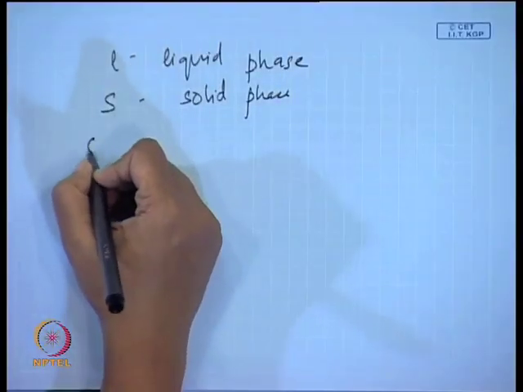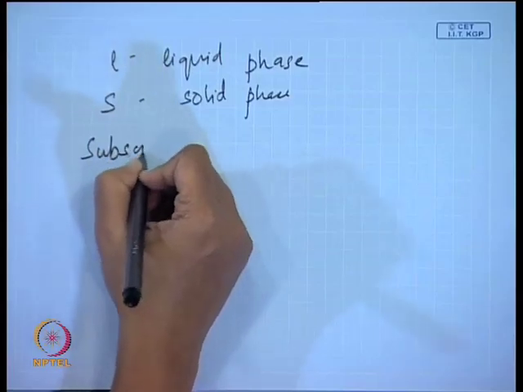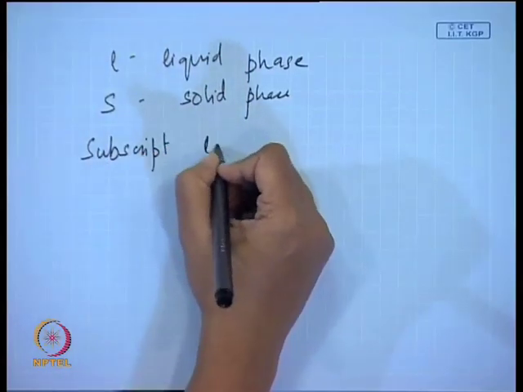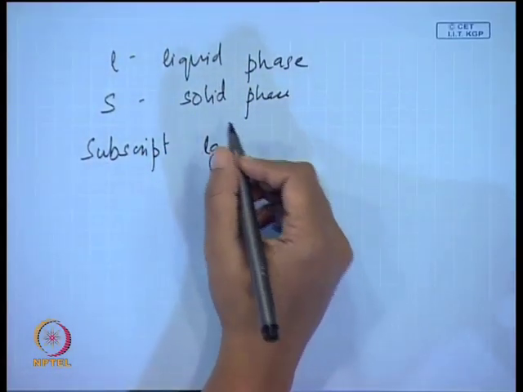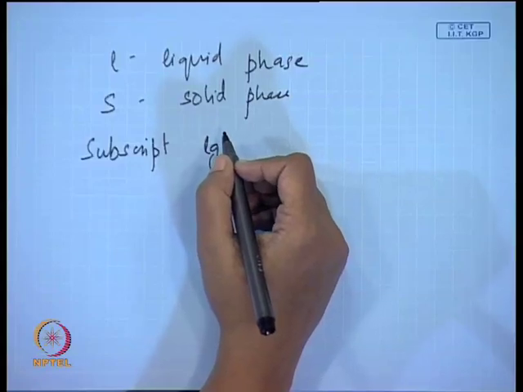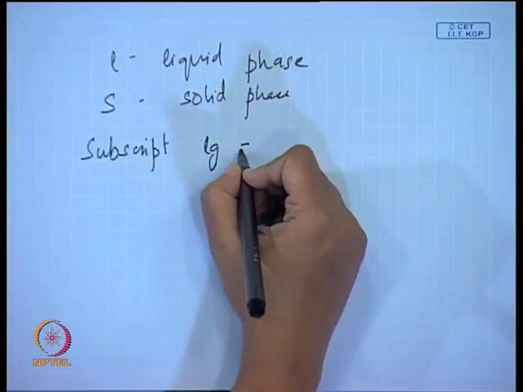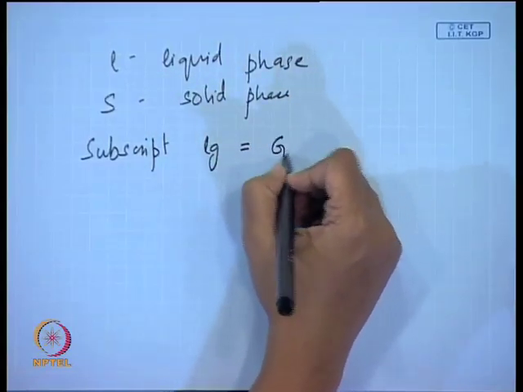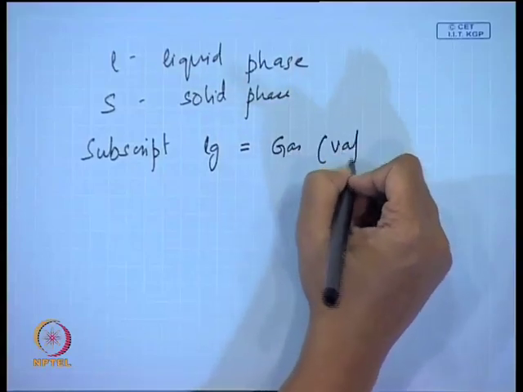But for our case, I would usually prefer to use subscripts 1 and 2 according to the conventions which I have already mentioned. And also remember one more thing, when I use a subscript say LG, it refers to the difference between the gas and liquid properties. That means this refers to the gas or the vapor property.